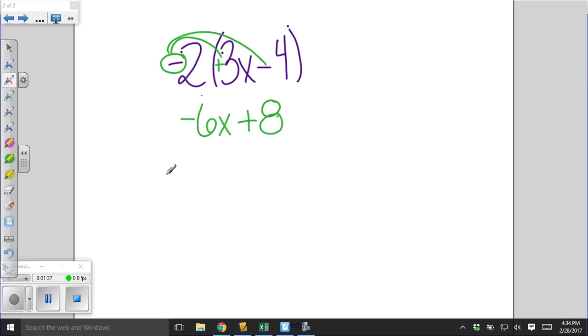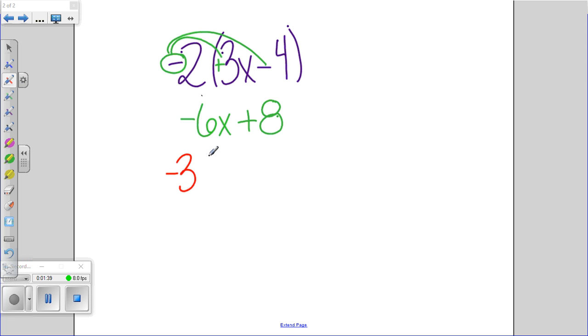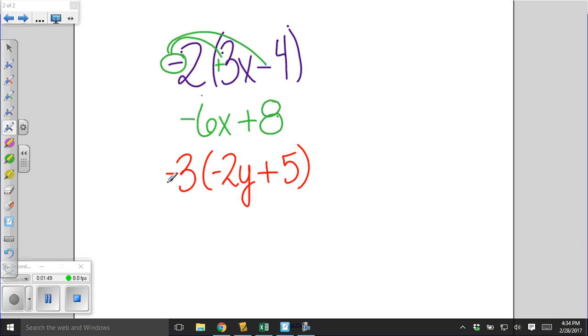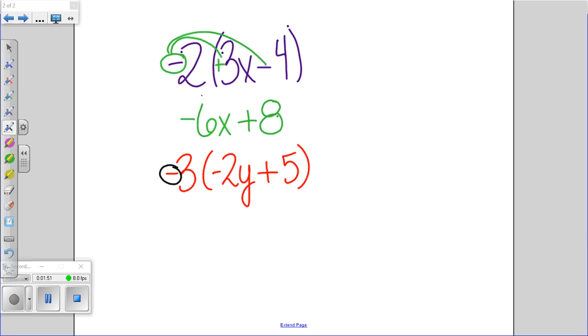So let's say I have negative 3 times the quantity of negative 2y plus 5. I'm going to circle my negative so I remember it's there. And I'm going to take my negative times my negative, which gives me a positive.